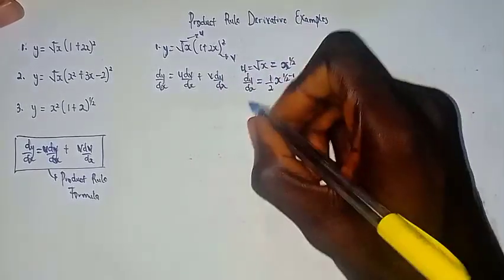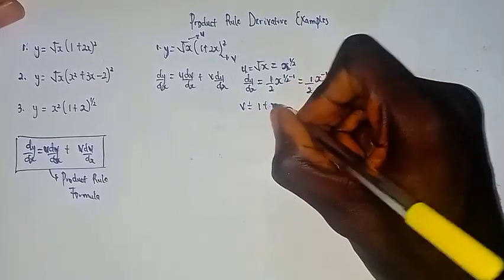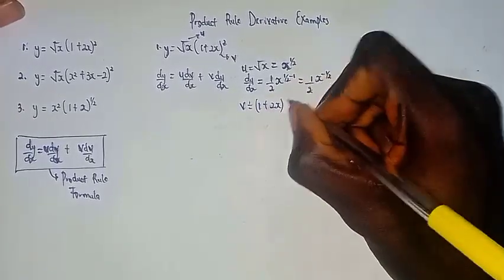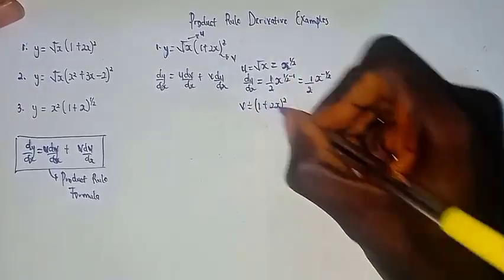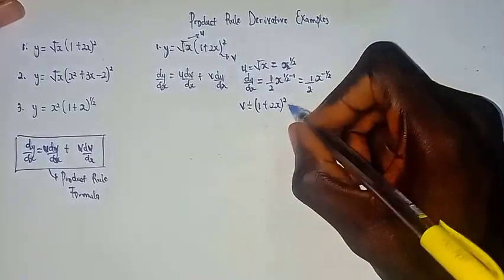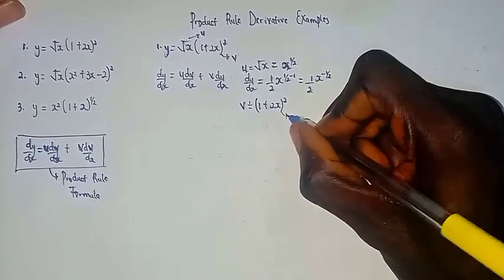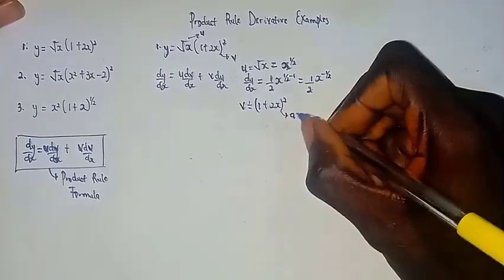That is our du over dx. Now our v is (1 plus 2x) all squared. Now this is a function of a function, so let's call the inner function a.